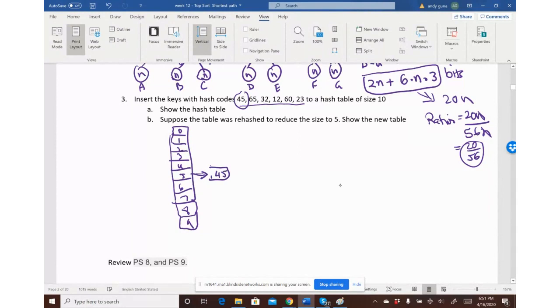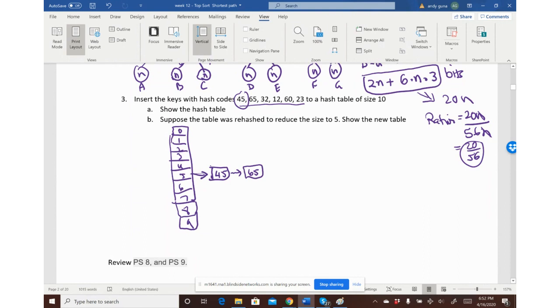I'm just going to put it in at the end, although 65 also goes there. Now, usually you will insert 65 at the beginning because you don't want to spend too much time doing it. When you're searching for it, it's hard to say which one you're going to be searching for.